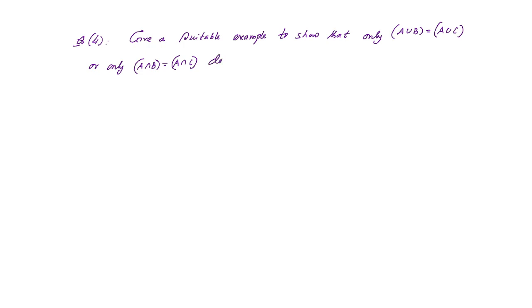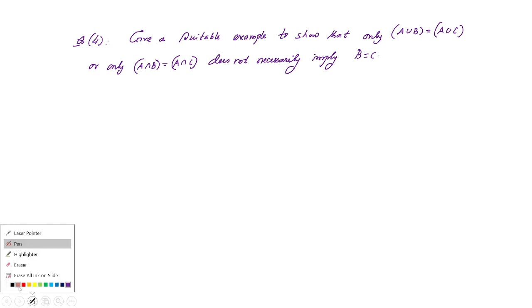Give a suitable example to show that only the condition A union B equals A union C, or only A intersection B equals A intersection C, does not necessarily imply B equals C.